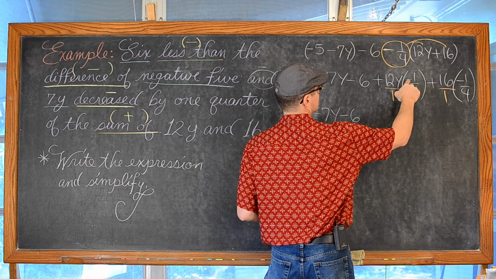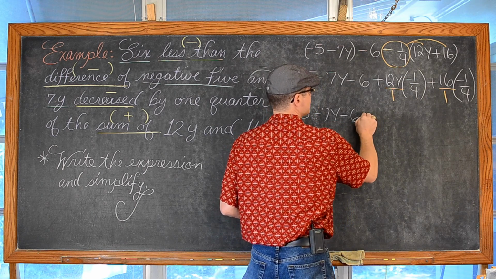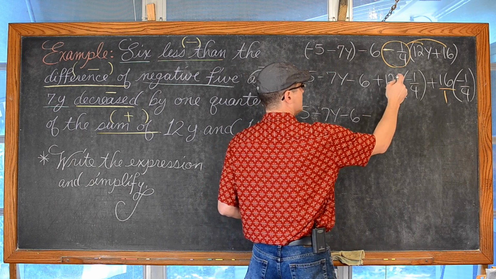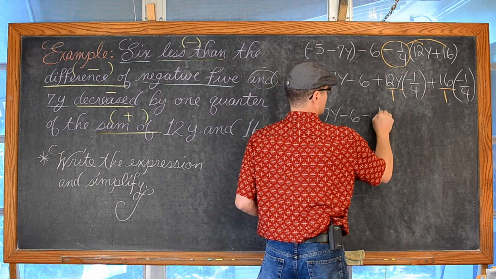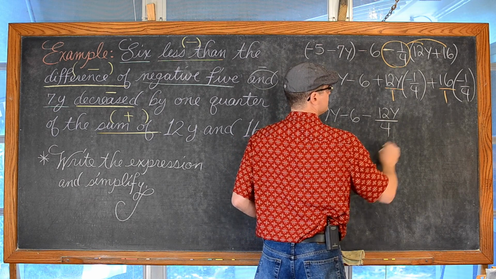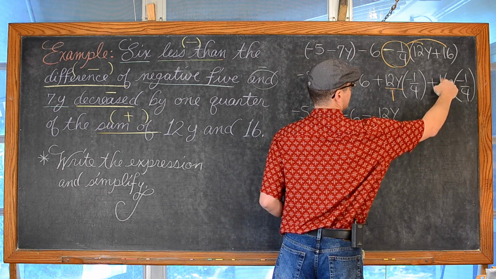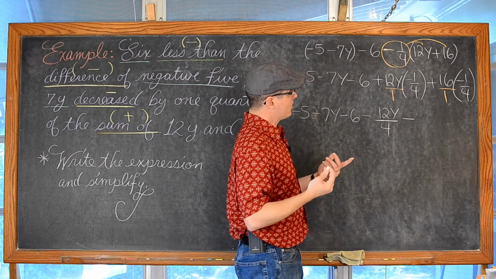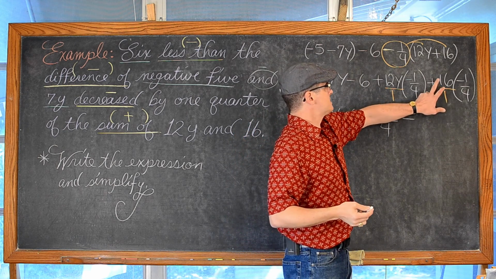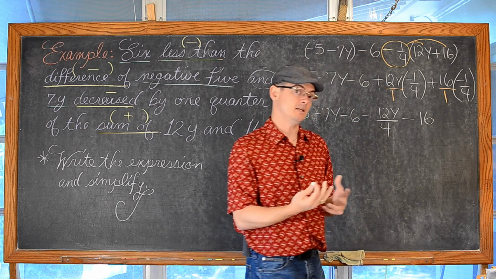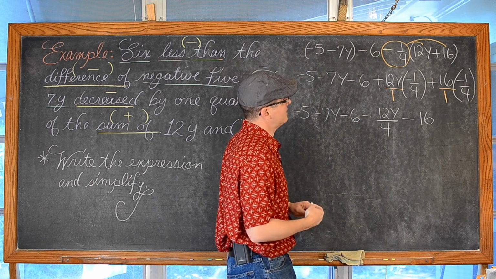Positive 12 times -1 is negative, or a positive fraction times a negative fraction is negative. And then we have 12 times 1, which is 12y, and 1 times 4, which is 4. Now over here, we have a positive fraction times a negative fraction, so that's going to be negative. Or you could do 16 times -1 and see that it's -16, whatever works best for you for not making a sign error.